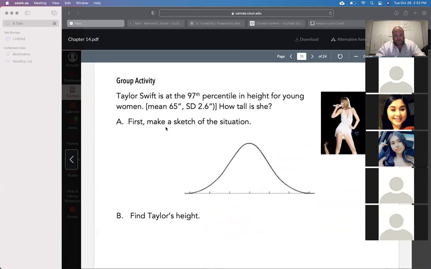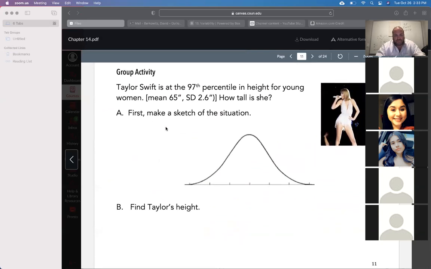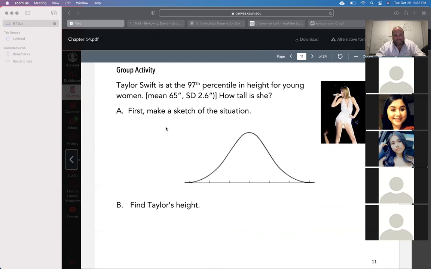Taylor Swift is at the 97th percentile in height for young women, where the mean is 65 inches and the standard deviation is 2.6 inches. How tall is she?